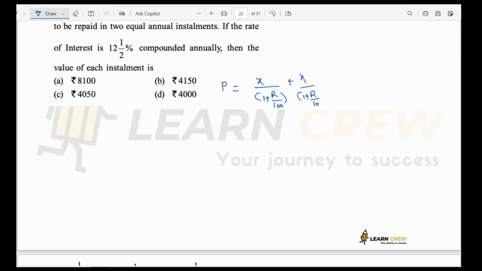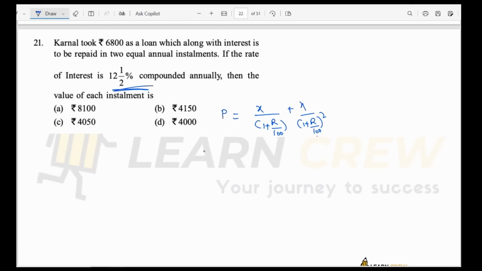If 3 installments, you will get x by 1 plus r by 100 whole cube. As only 2, you will get x by 1 plus r by 100, x by 1 plus r by 100 whole square. Here the rate of interest is 12.5, and the principal amount is 6,800. x you need to find out.